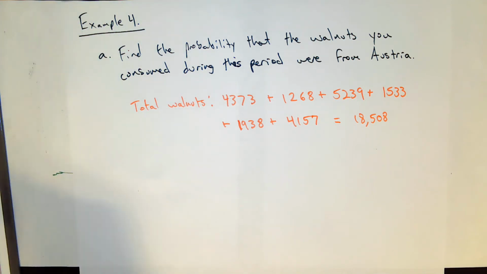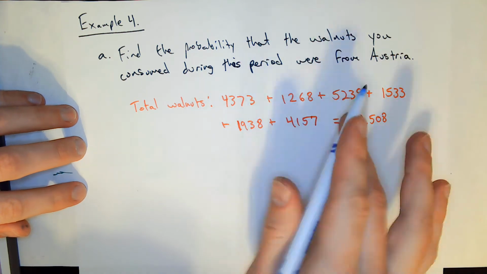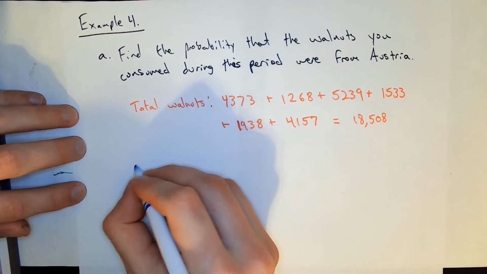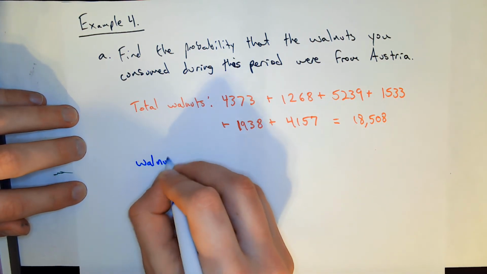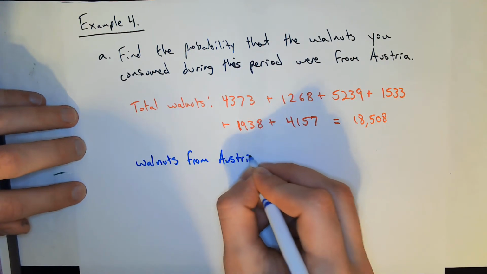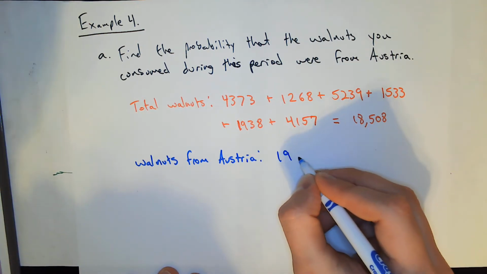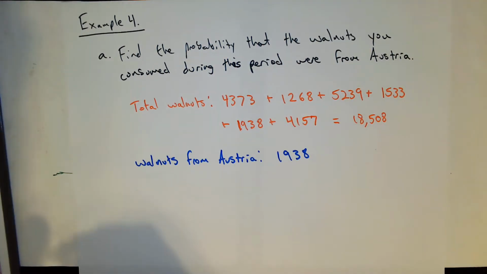Now, the second part of this is to find the number of walnuts that could have come from Austria. Well, that's just straight from the table. Walnuts from Austria was 1,938.